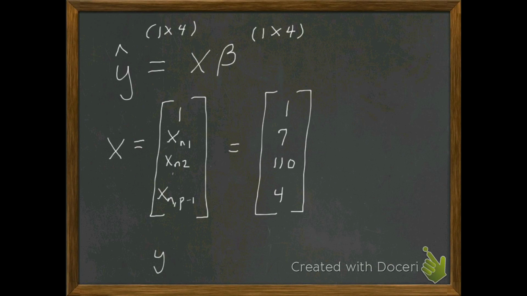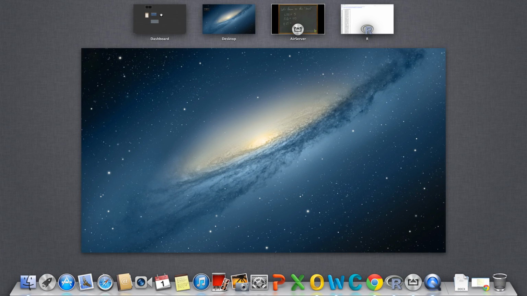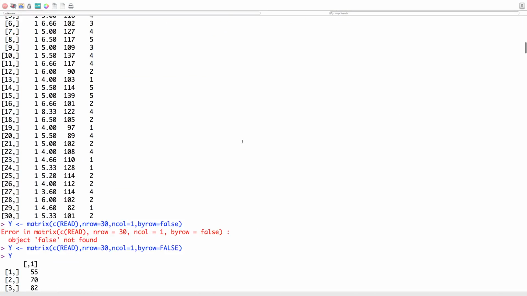So what we're going to have to do is take x transpose, which makes this a 4 by 1, times beta. All right. So let's get back into R.